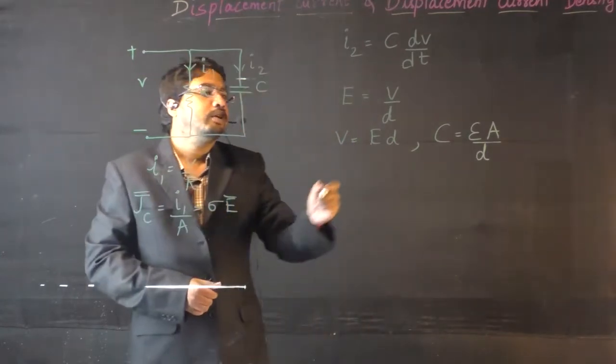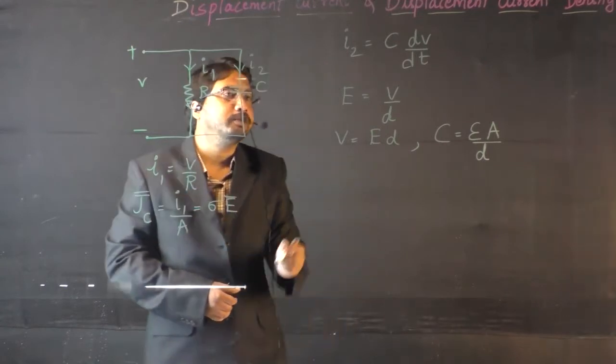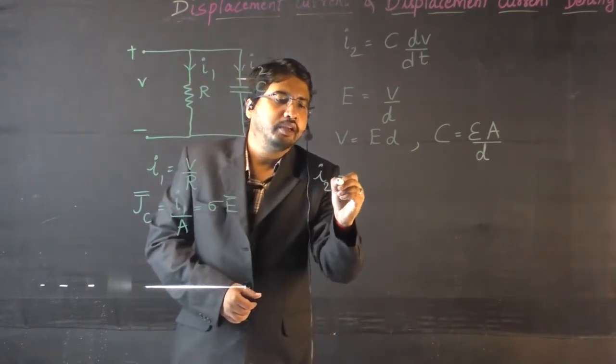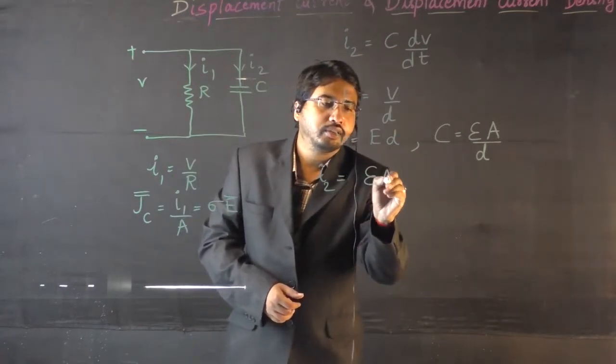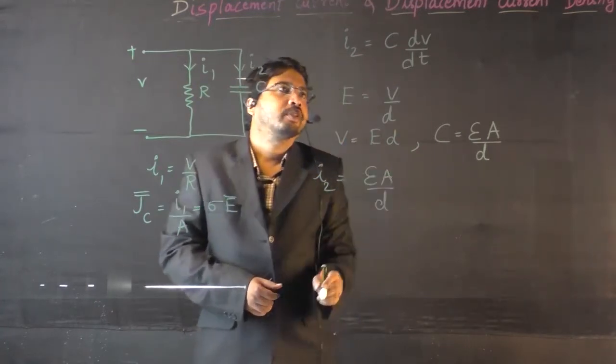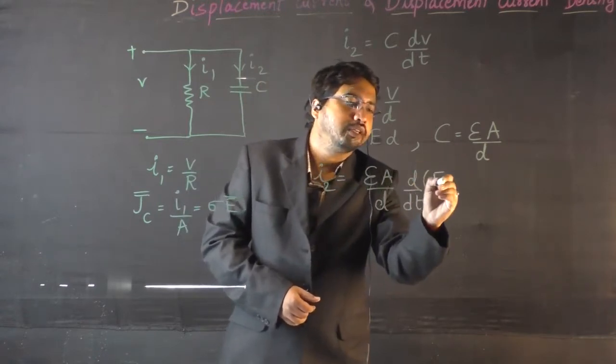Now if you substitute all these expressions in this main displacement current equation, your current will be I2 equal to, in the place of C I am writing epsilon A by D, and in the place of V I am writing d by dt of ED.